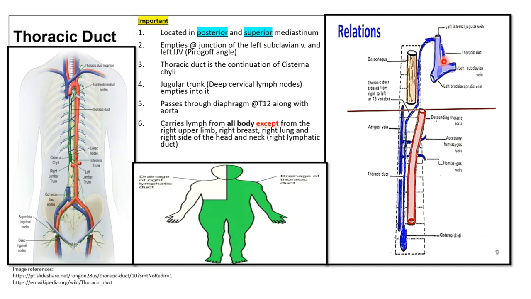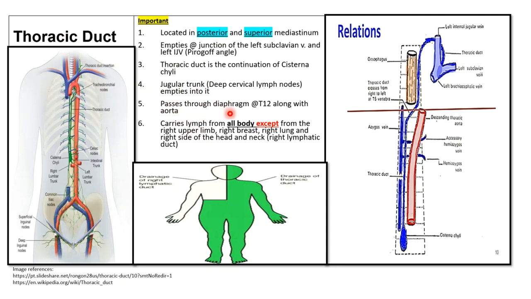Right here, this angle is known as the Pirogoff angle. And the thoracic duct again is a continuation of cisterna chyli, as I mentioned before. The jugular trunk or deep cervical lymph node drains into the thoracic duct.